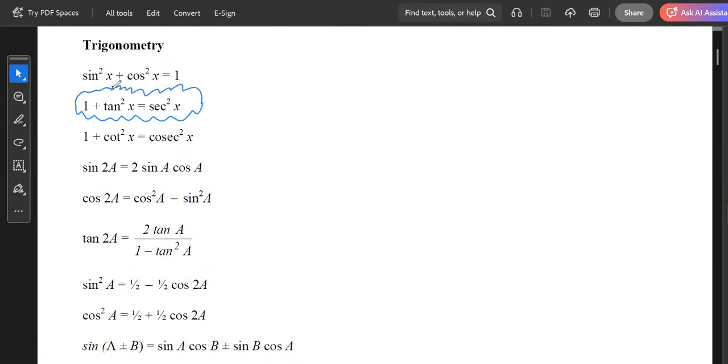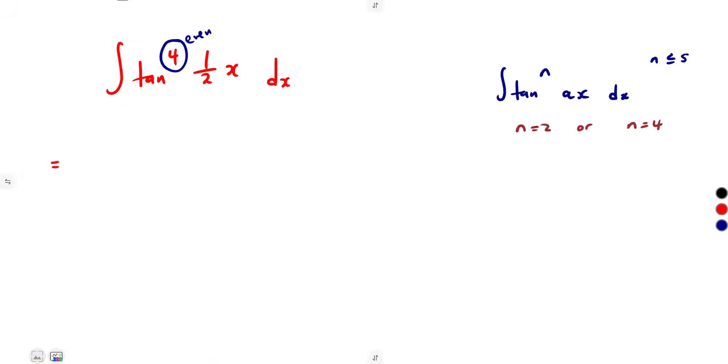1 plus tan squared of x is equivalent to sec squared of x. So we are going to transpose and make tan squared the subject of the formula. If we make tan squared the subject, it is going to be tan squared x is equal to sec squared of x minus 1.